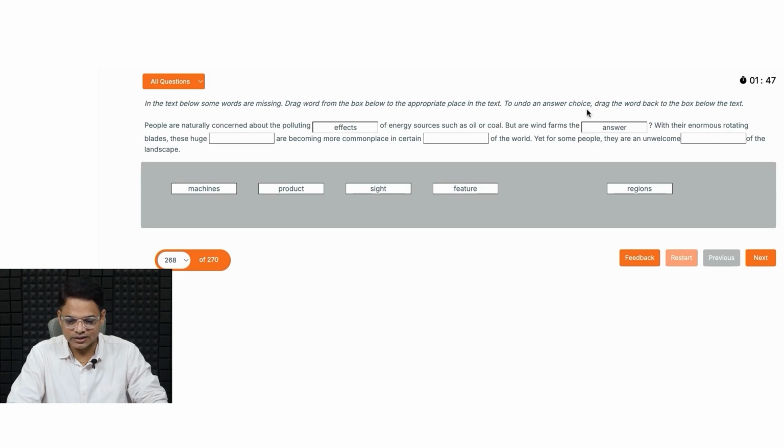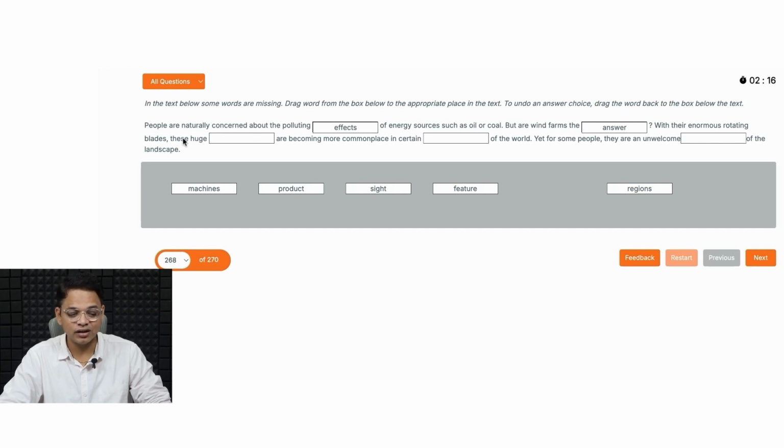Next one. With their enormous rotating blades, these huge, guys, these requires what? Plural noun. These, this may be singular noun. These, plural noun. These huge is what? Adjective that comes before the noun, right? Now huge can be what? Huge product. Product is singular. Site is singular. Feature is singular.